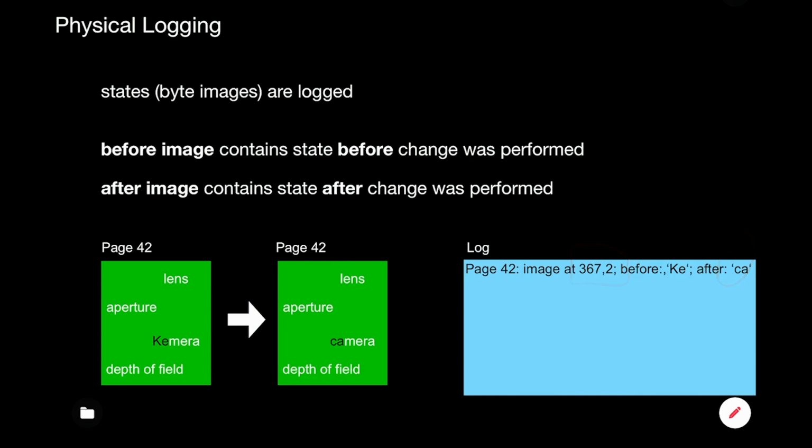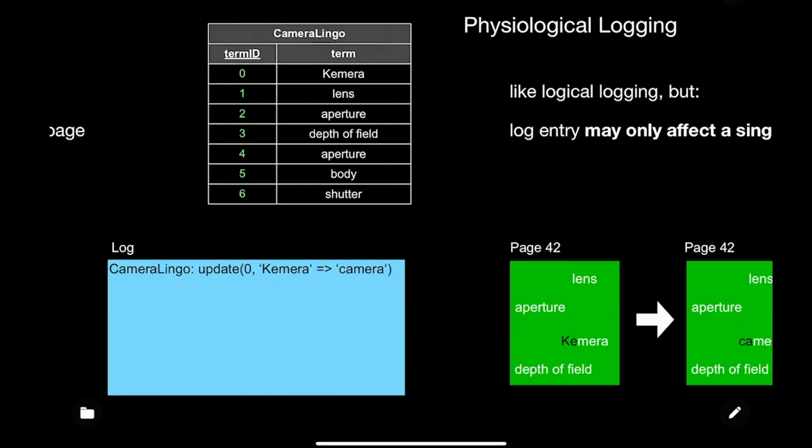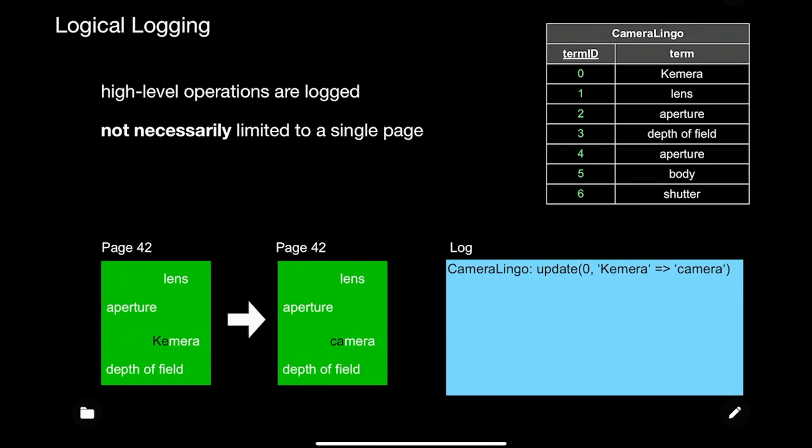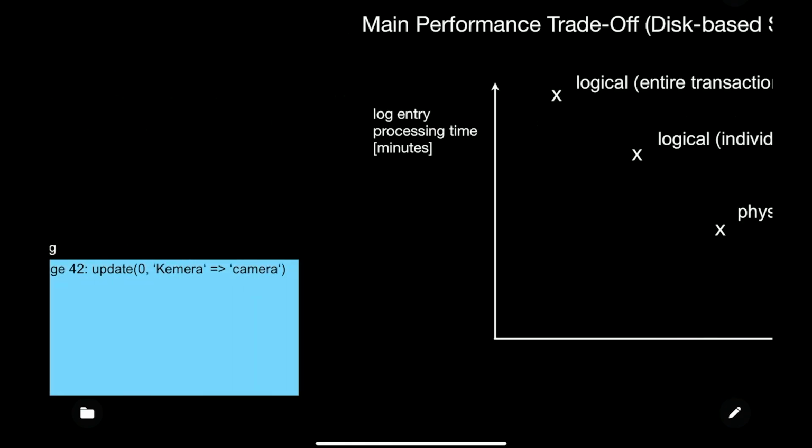It's really easy. Whereas with logical logging, it may boil down to: where exactly do I have to update? Where do I find this key? I have to do an index lookup, and then eventually I find the right page, and on that page I make the change. That's much more work typically involved for executing an operation written down in a logical log record.